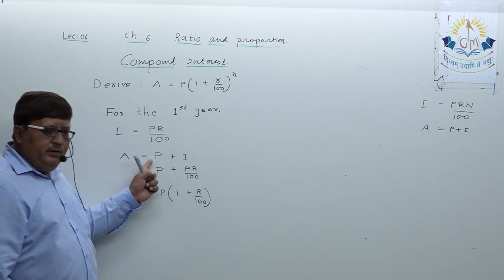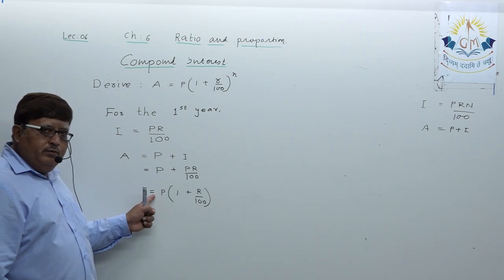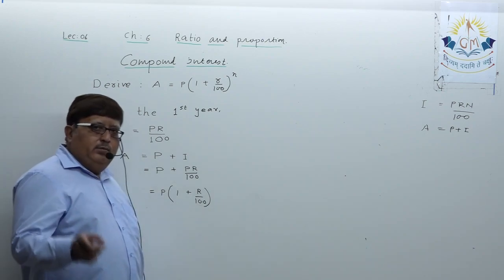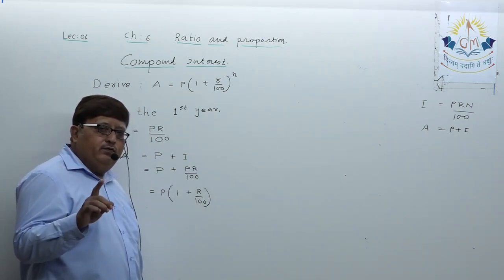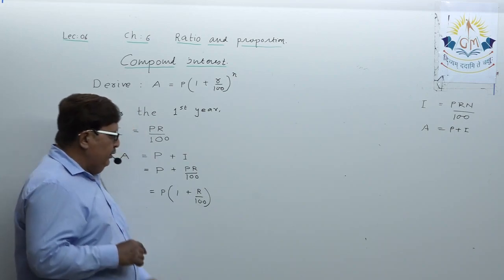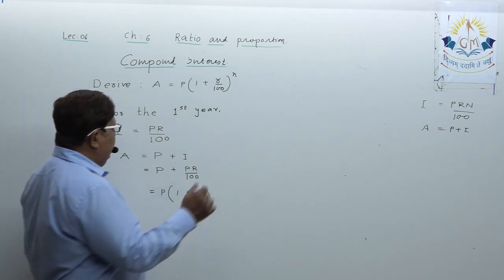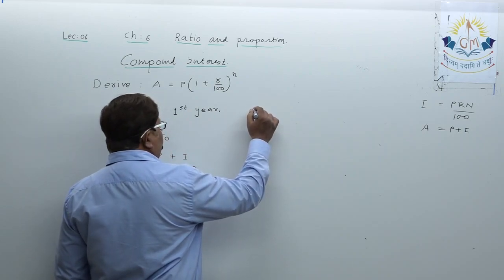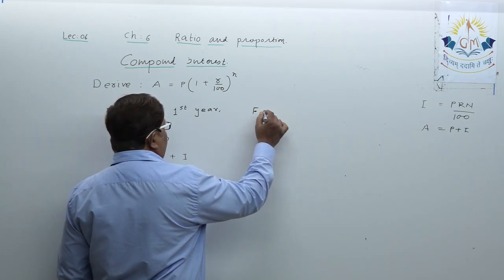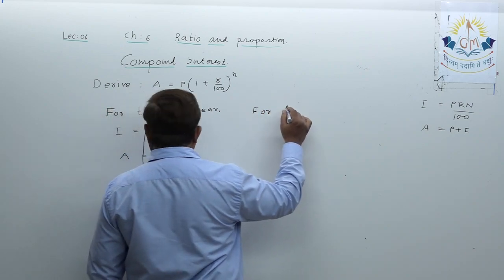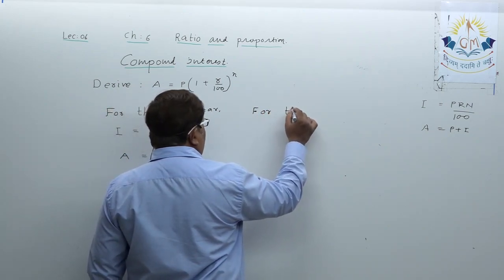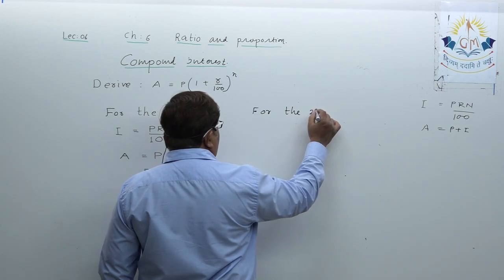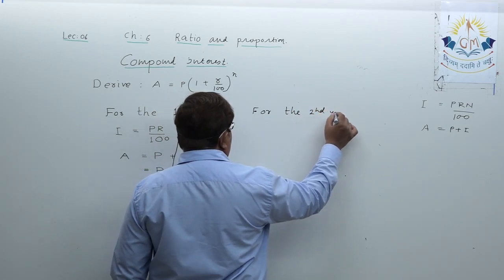So the same thing, this amount becomes the principal for the second year. Now we write for the second year. Dear student, you have to remember in this way only for the second year.